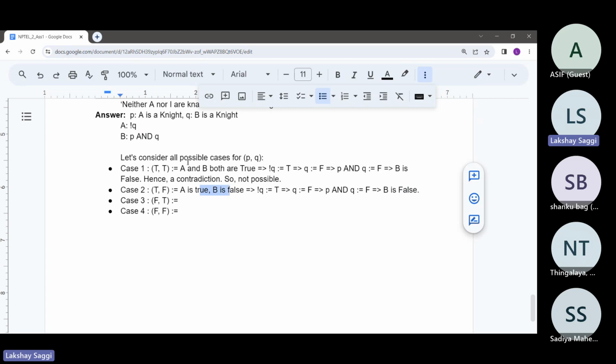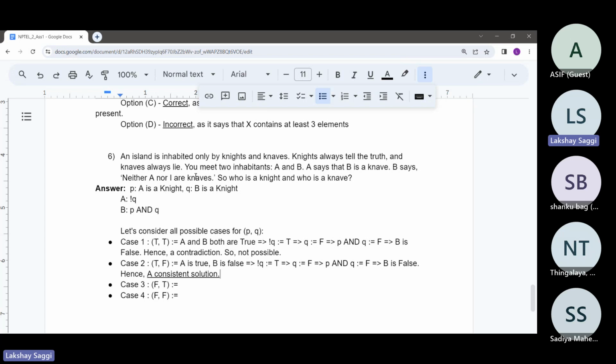And this was what we had assumed in the first place, that B is false. So this is a consistent solution. So this is one possible solution.